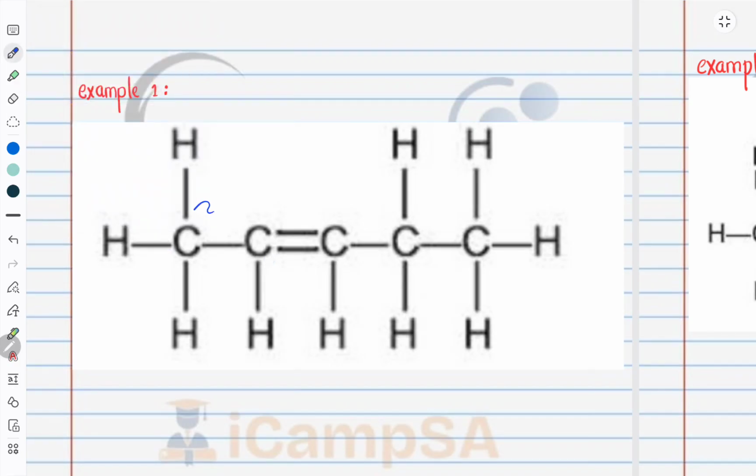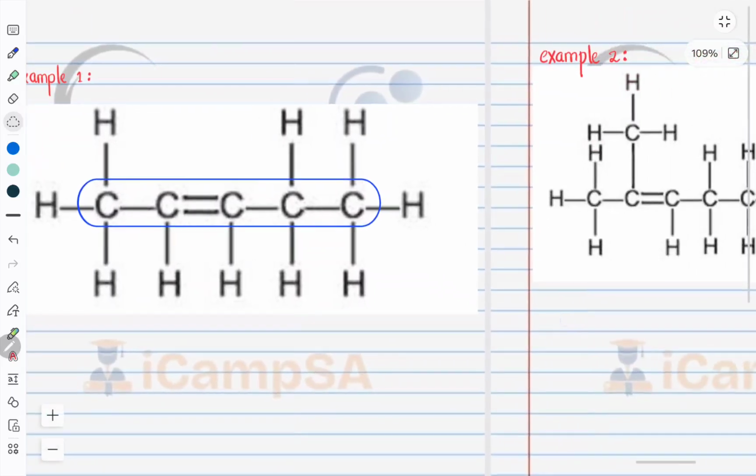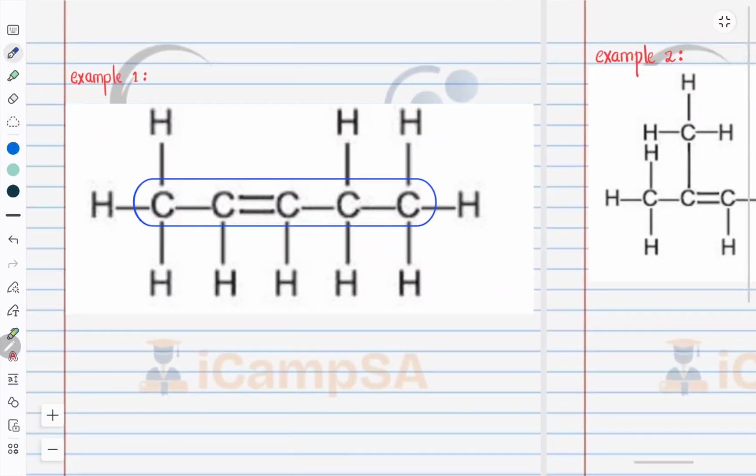This is our longest continuous carbon chain. From the diagram, we can see that. That's our main chain or parent chain, depending which one you prefer using.